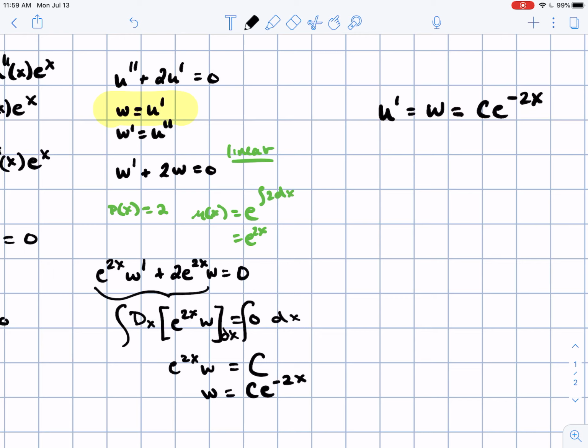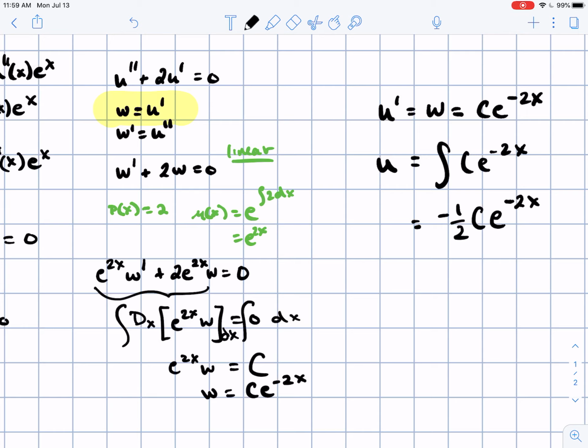So in order to get what u is equal to, we take the integral of this. So I'm going to wind up getting negative 1/2 c e to the negative 2x. All right, and there you could see the function for u.